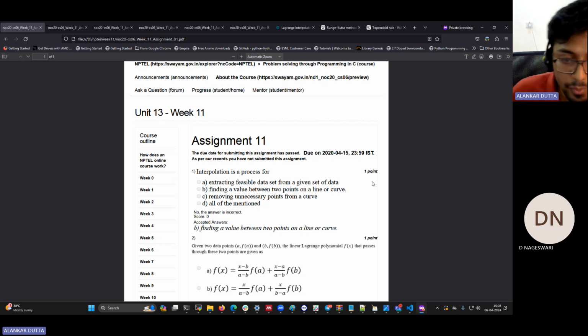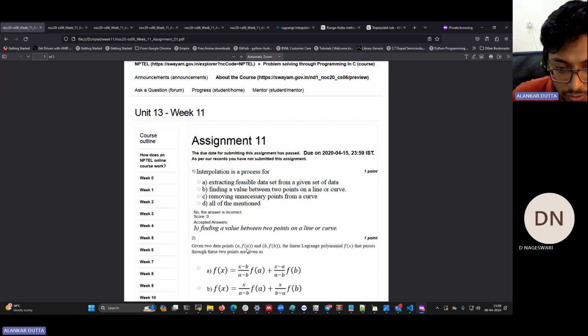So in that logic, the right answer to this first question is that interpolation is the process of finding the value of a function between just 2 points on a curve. And one of the ways to do such interpolation is using Lagrange polynomials. Here the question is that you have a function that passes through 2 data points, and what is the Lagrange polynomial through this?